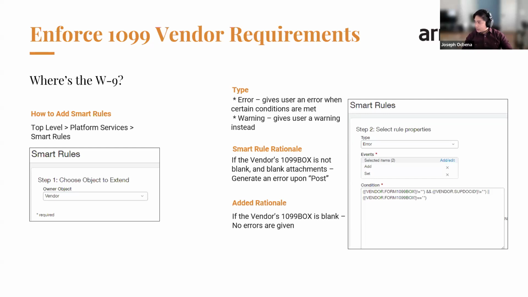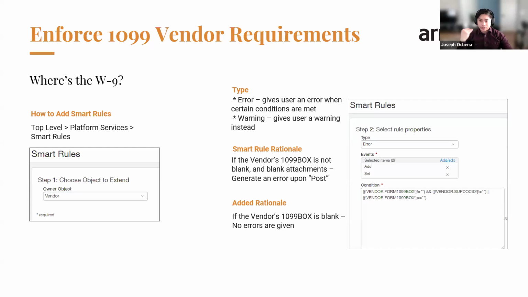It's a multi-step wizard. Step one is it's asking you which object you want to add the internal controls to. In this case, we want to make sure that our vendor attachment is in there, so that's our object, our vendor. Step two, there's a few types that can happen in here.